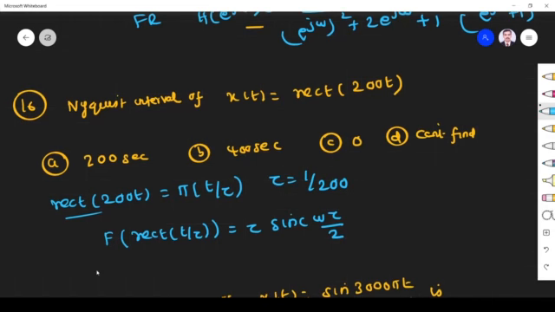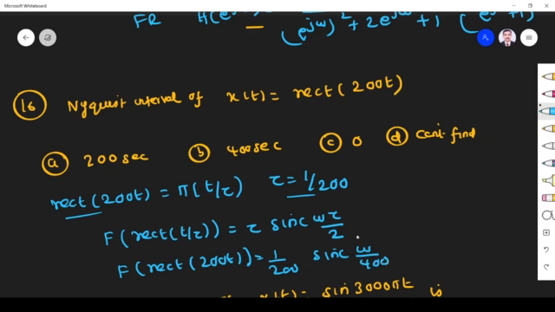So if you take the Fourier transform of rectangular 200t, with tau equal to 1 by 200, you get 1 by 200 sinc of omega by 400.